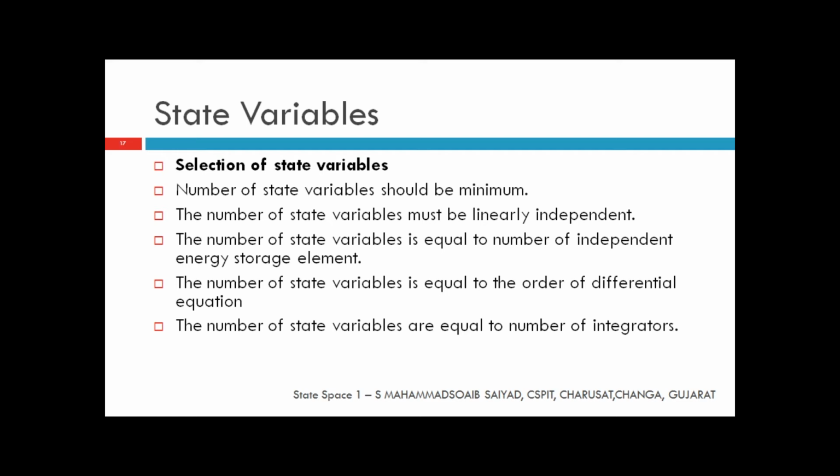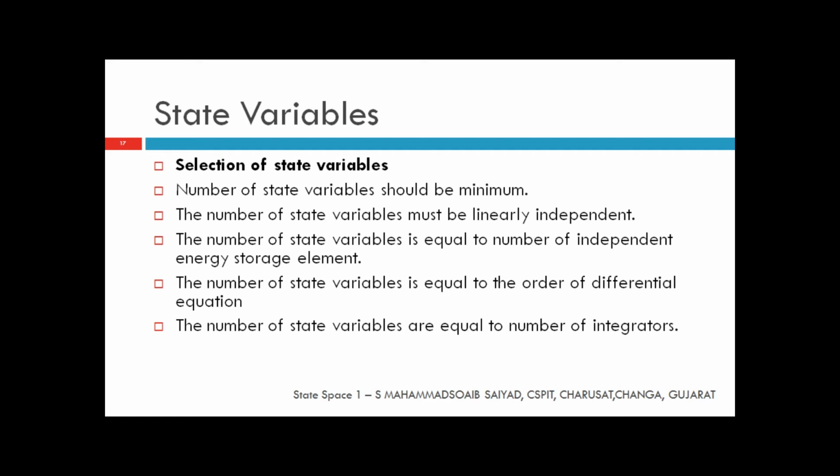This is a very important part as far as electrical engineering is concerned, when the number of state variables is equal to the number of independent energy storage elements. For any electrical circuit, the storage elements are L and C only.